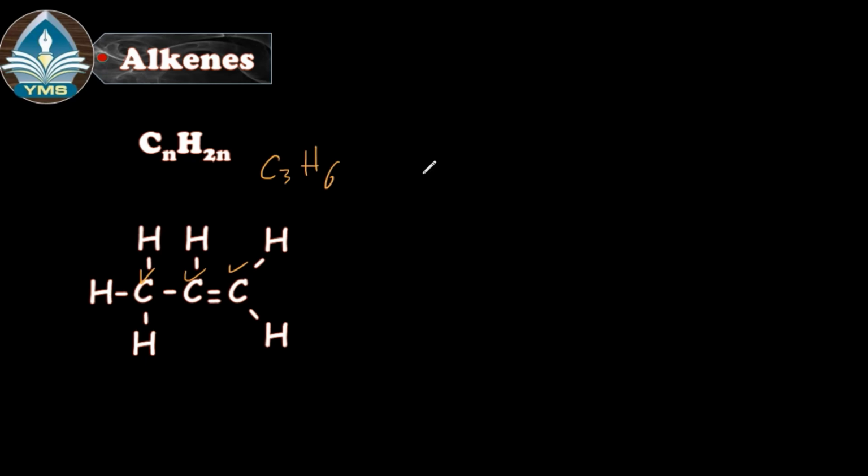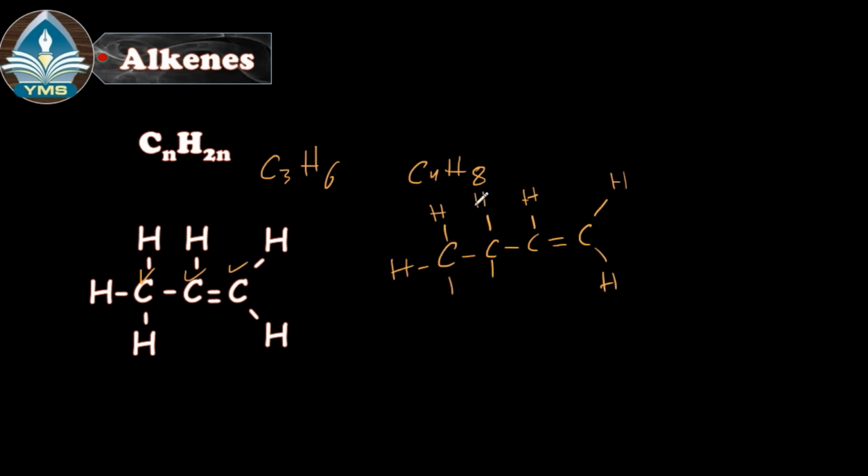Then another example, C4H8. How we draw this compound is 1, 2, 3. The last one has the double bond and only 2 hydrogens. The one before the last has 1 hydrogen, and the rest will be saturated normally.